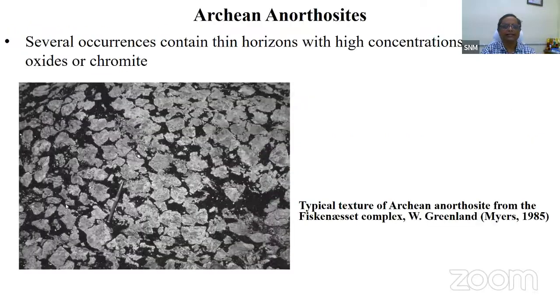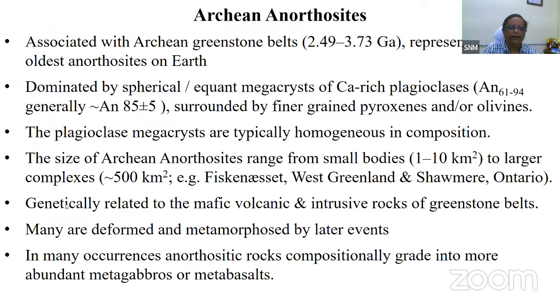One more thing that I forgot to tell: these Archean anorthosites are part and parcel of Archean greenstone belts. We know that in greenstone belts we definitely see metabasalts. These are genetically linked.